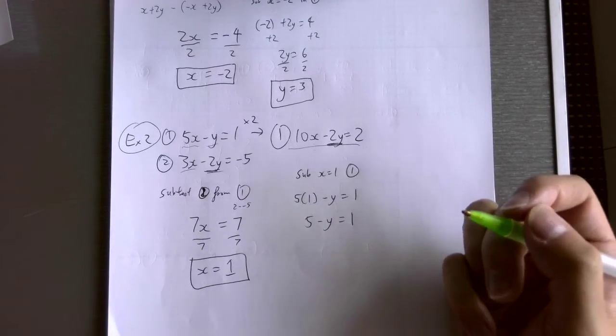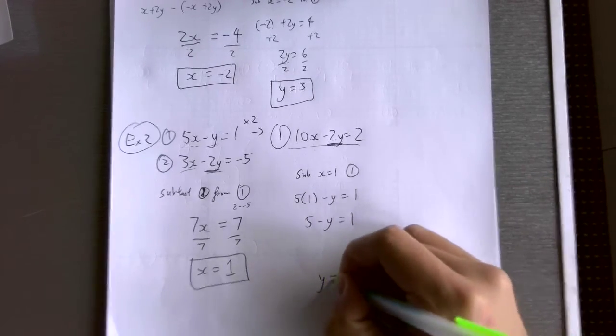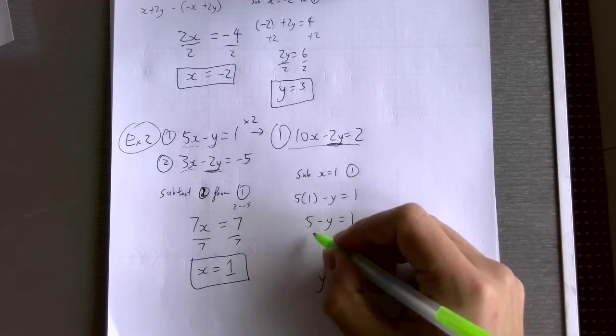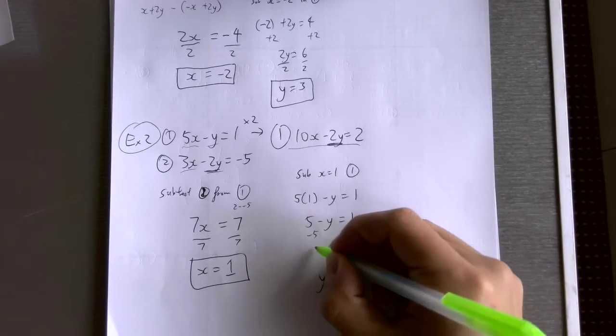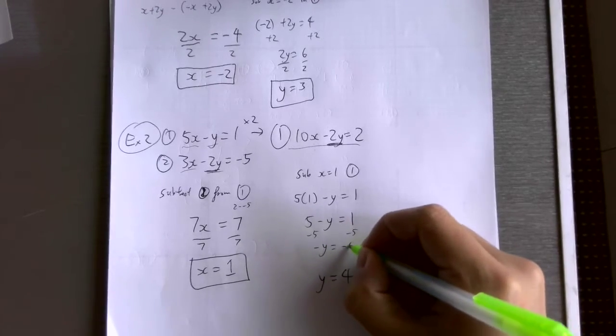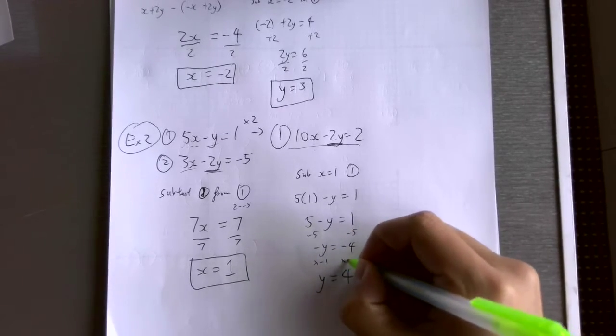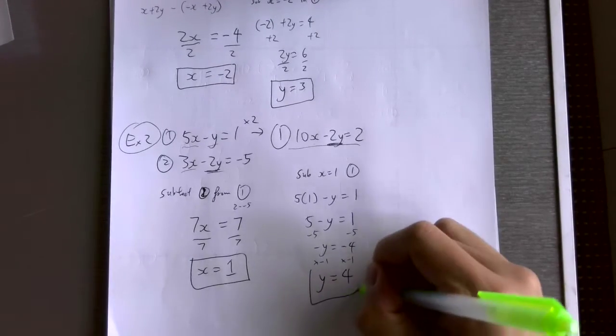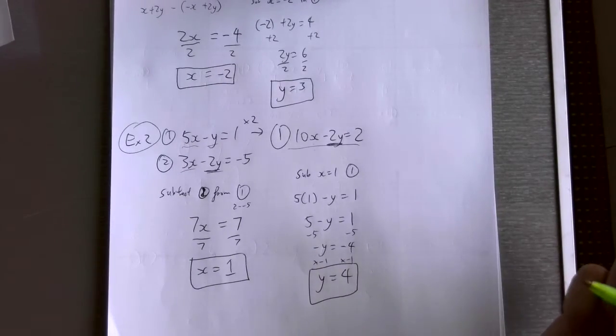We could just figure out that 5 minus 4 equals 1, or we could minus 5 from both sides, and then times by negative 1 until we get the same answer as well. And so here we have x equals 1 and y equals 4.